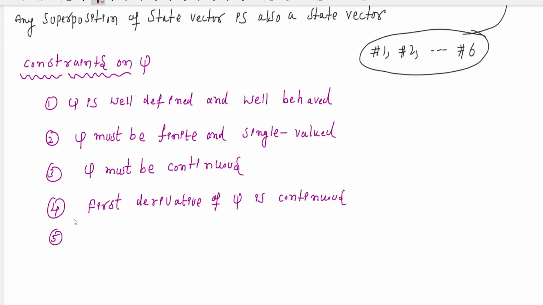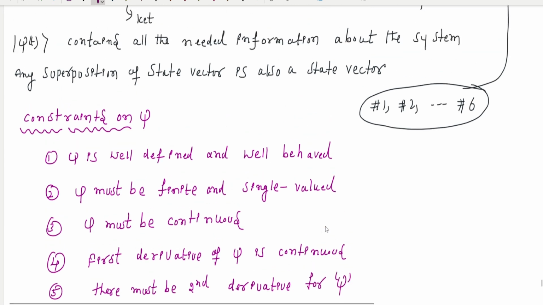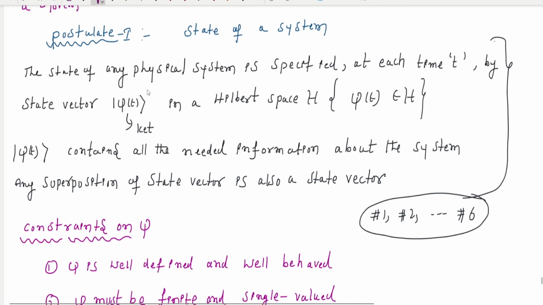Fifth constraint is that there must be a second derivative for the wave function psi. Okay, so this is how we define the quantum state of the system. Okay, state of the system.